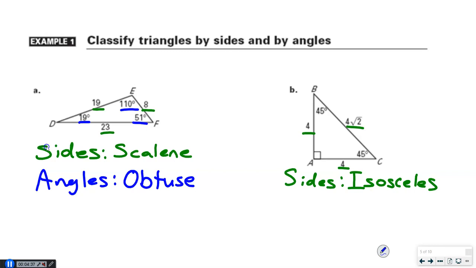Learn how to spell these because if there are any fill-in-the-blank answers, they'll need to be spelled correctly. So use your notes, make sure you know how to spell them. Classify by angles. We have 45, 45, and 90 degrees. So we've got that 90 degree in there, so we know it is a right triangle.